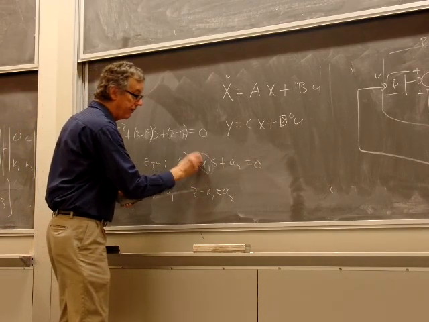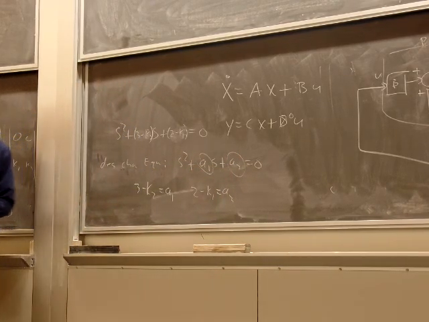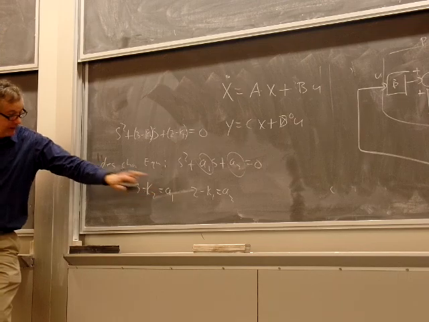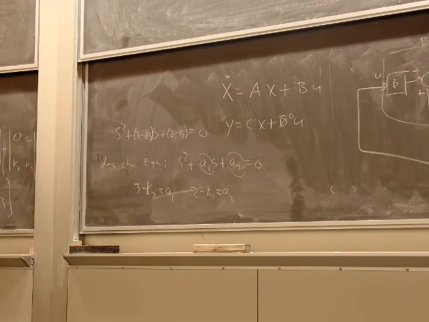These I specify from what I want my system to be. I can very easily solve what K1, K2 are. I can just drop right on out. So this controllable form, finding the feedback gains, is very simple. Very, very simple. That's why we want it in this controllable form.